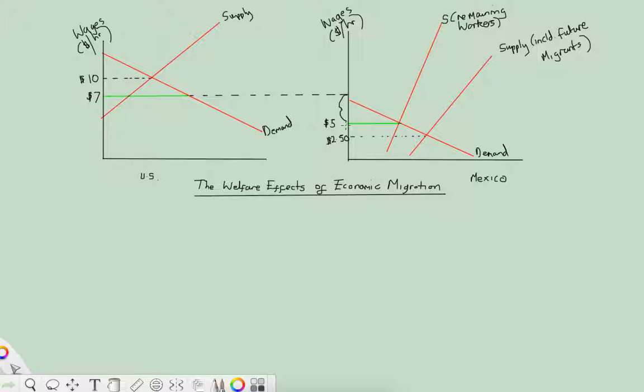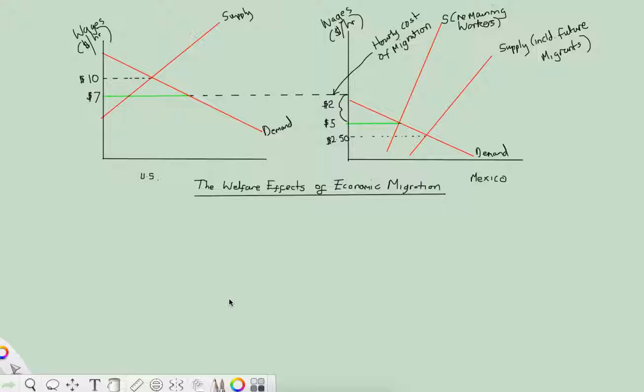So if we find ourselves in a long run equilibrium situation where we have a persistent $2 gap between wages in Mexico and wages in the US, assuming workers are free to leave, then this $2 represents the hourly cost of migration.